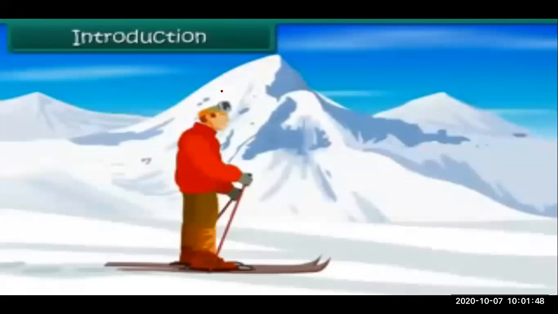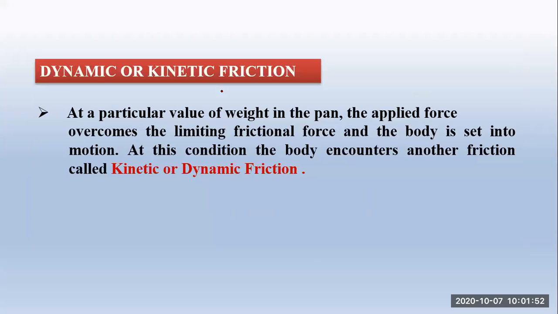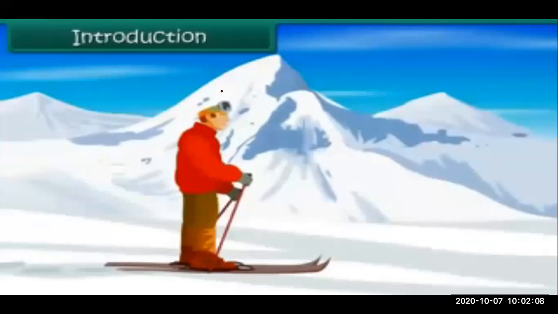If the pan which I showed you two slides back starts sliding, the friction acts on that pan in the opposite direction of motion. That friction is called kinetic friction, while the object is moving.